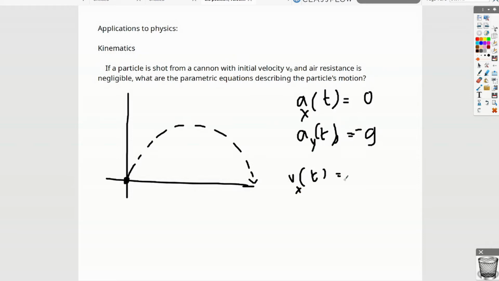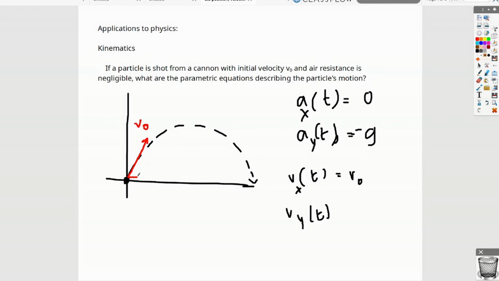Vx of t is c, right? And in this case, c is v0, the initial velocity. In fact, it's not only v0, because if you look at this path right here, that's the initial velocity. That's where it's going to go.